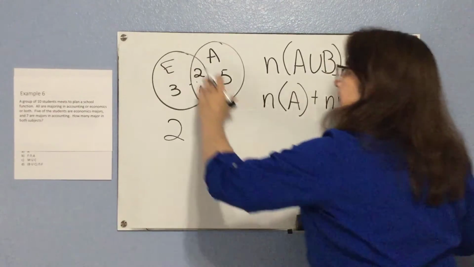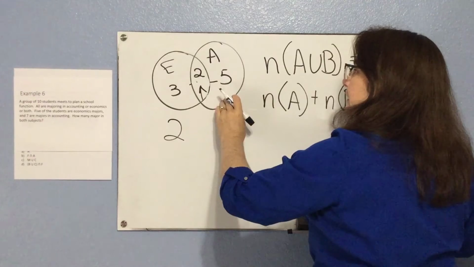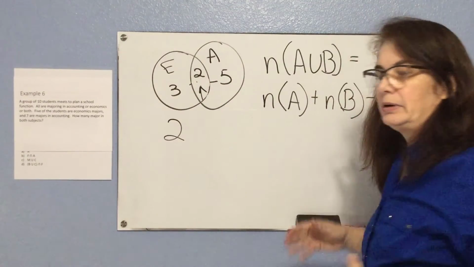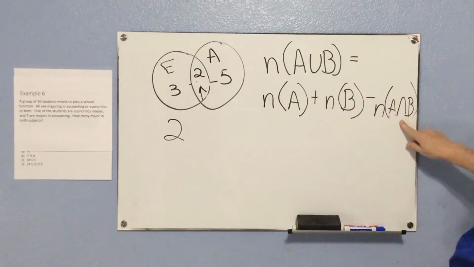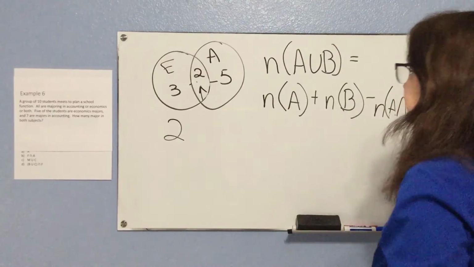Well, if we count everything over here and everything here, we've counted this little region twice. We don't want to count it twice, we only want to count it once. So we subtract it so that we're only counting once.